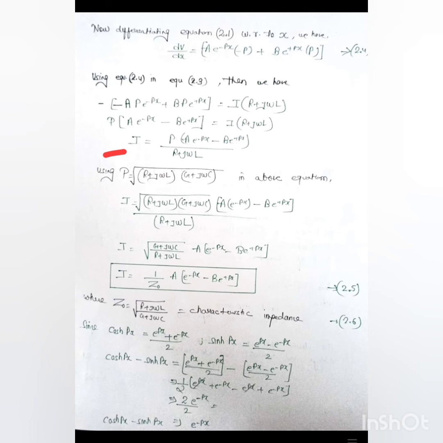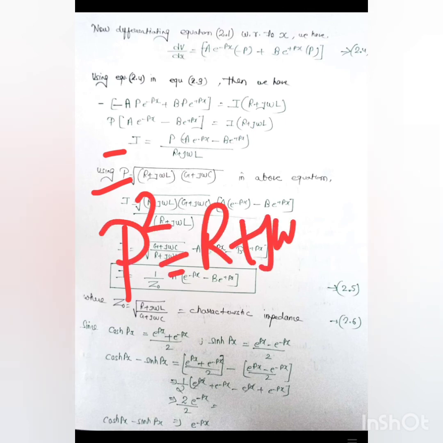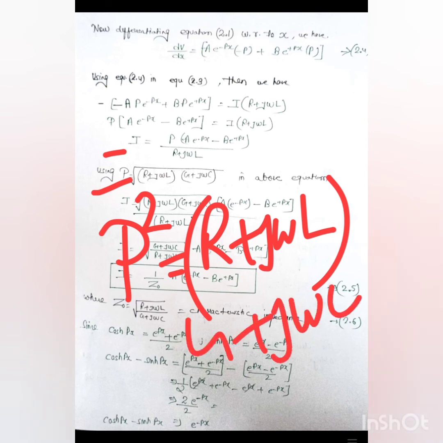We already discussed that capital P is the propagation constant, and P squared is (R plus j omega L) times (G plus j omega C). So we need to take P only, so we have to take the root here.